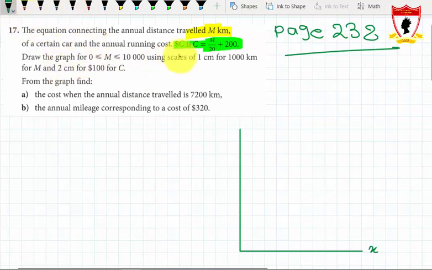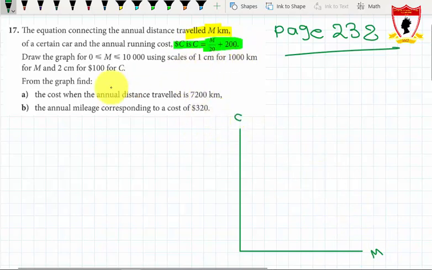It must be c, cost, because c is equal to something containing m. As we used to work on y is equal to something containing x, here c is equal to m over 20 plus 200. It means this vertical line is the c, and this horizontal axis is not the x-axis anymore. It must be m, because m is inside the equation.